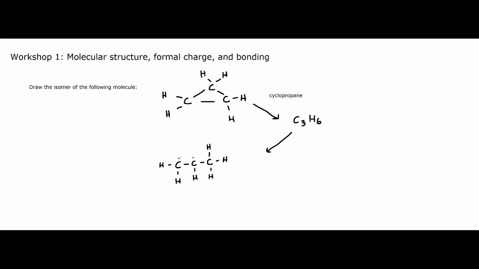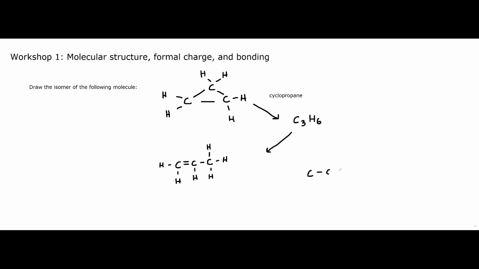Now, it doesn't matter if we put the double bond on the left or the double bond on the right. No, it doesn't matter where you put it. Let's draw that out. Okay, so we put the double bond on the left here, so we have a C double bonded to a C with a methyl group on the end. What if we drew it the other way?